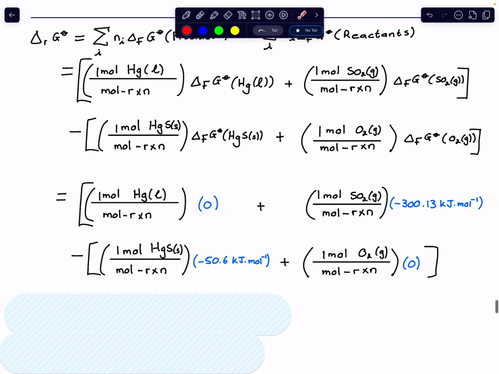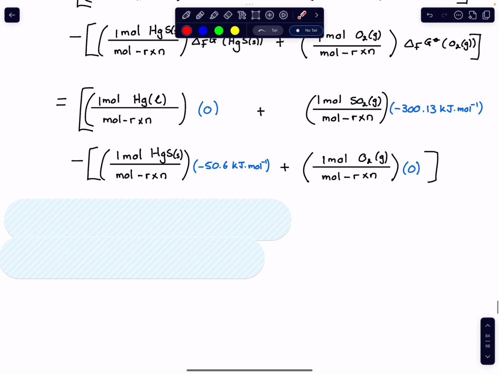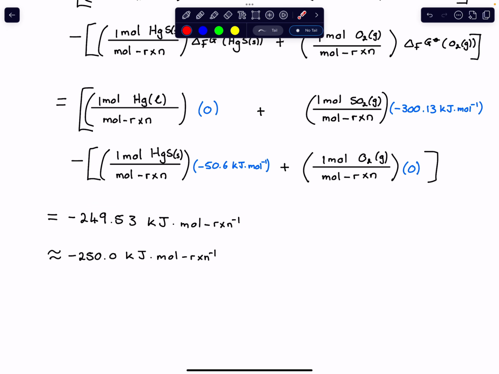We put them into the equation, and where the zeros go, we can then ignore, and of course we put the others at the appropriate places, right? So remember what you're subtracting from what to help you calculate. And eventually I got to a rounded value of minus 250 kilojoule per mole reaction, right?